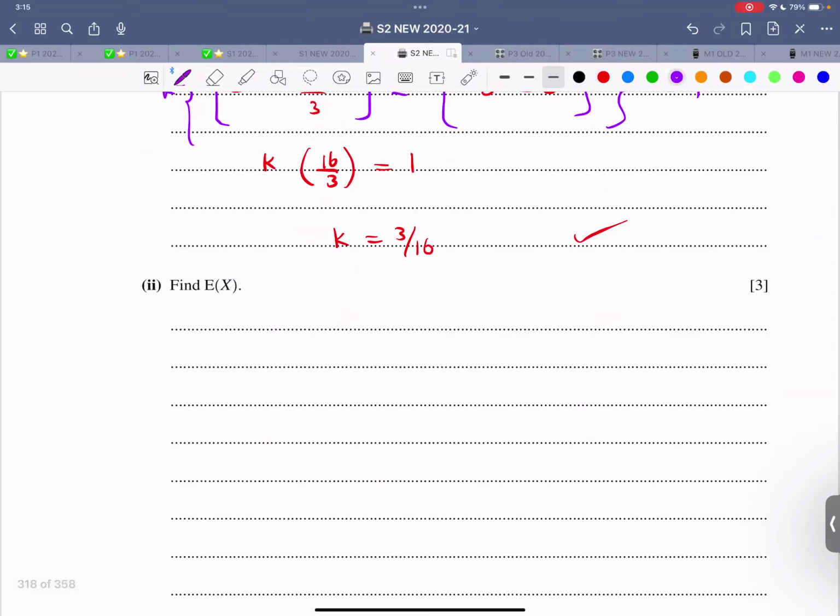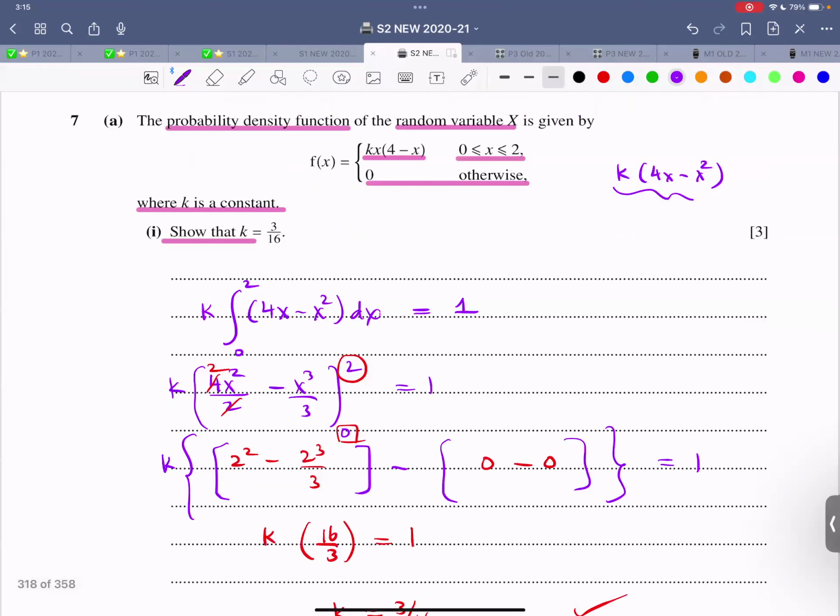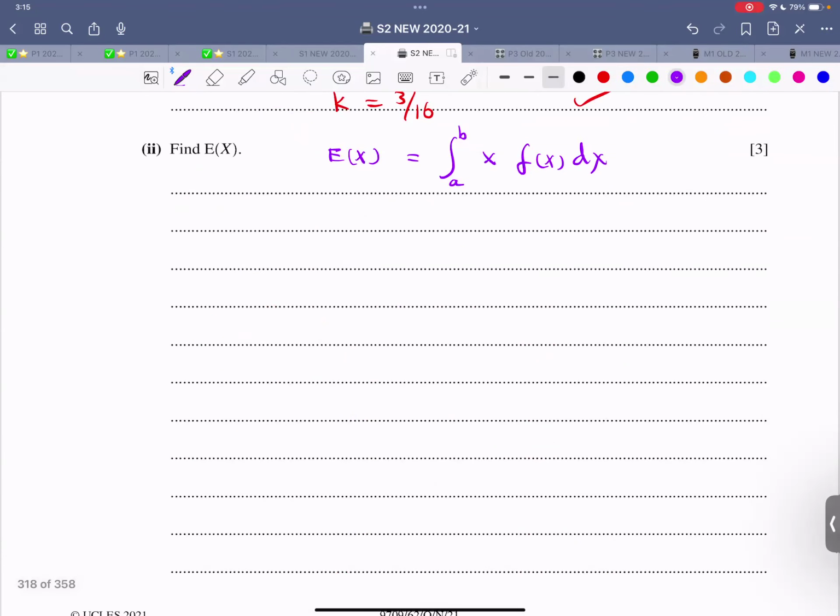Second part: find the expectation of x. The formula for expectation is to integrate between the complete limits x multiplied with f(x) dx. If I multiply this with x, this becomes 4x squared minus x cubed. So the expectation of x is 3 over 16 times the integral of 4x squared minus x cubed dx between the limits 0 and 2.